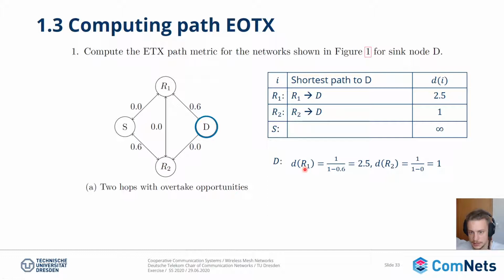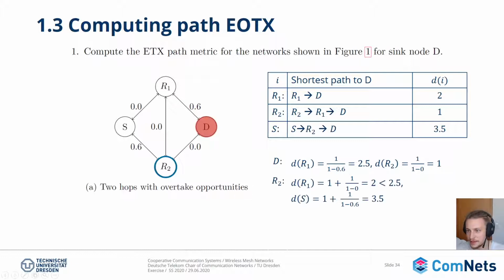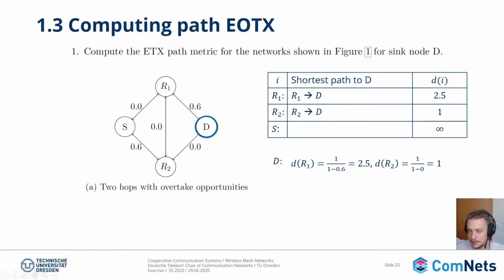So the distance of R1 to D can be updated by calculating the link metric and adding 0 to it, so it's 2.5, and R2 can be updated via adding 1 to 0. So the updated path metrics are 2.5 and 1.